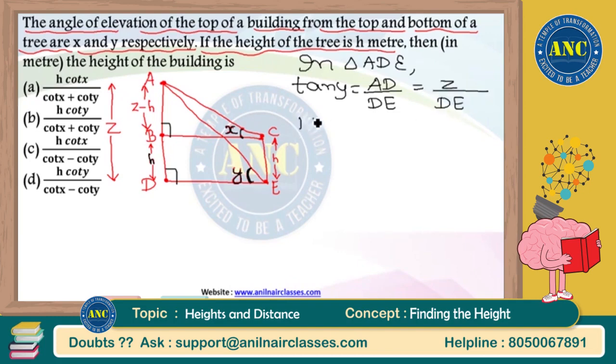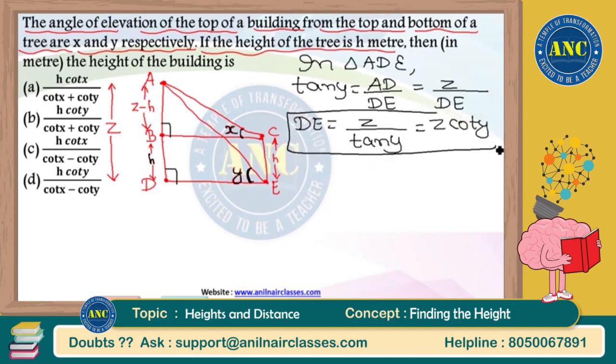So DE will be equal to Z divided by tan Y, or rather than tan Y I will convert it to cot Y. Sir, how will you know that you should convert tan into cot? Please keep an eye on your answer options. All the options are expressed in terms of cot, not in terms of tan. So this is my first equation which I can keep handy.